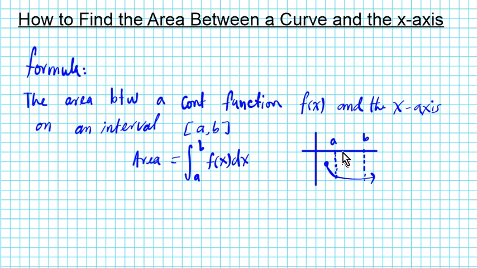Now the area of this region right here between the function, let's say this function that we just graphed, given by y is equal to f of x. This area is the definite integral expression that we just wrote. Okay? So just remember that the definite integral represents the area between that function and the x-axis.